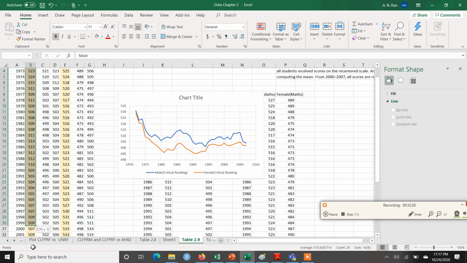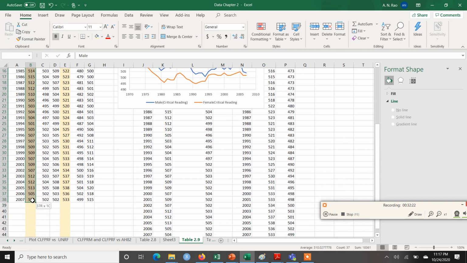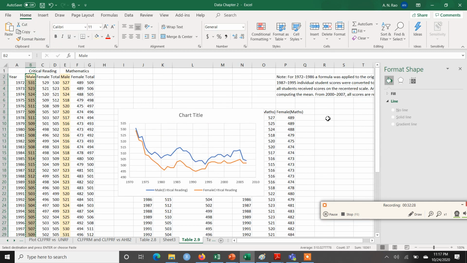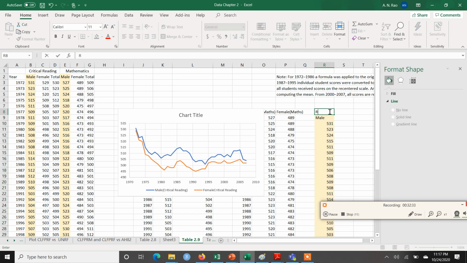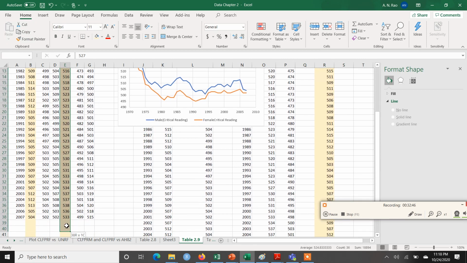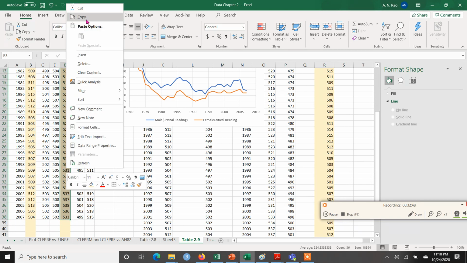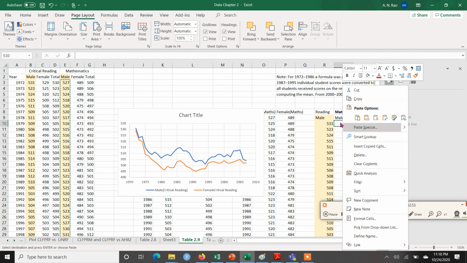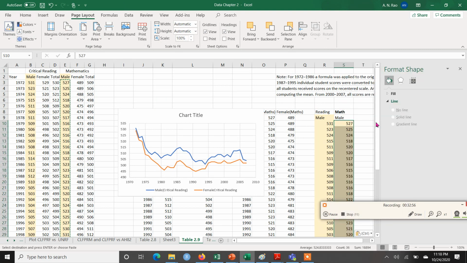Just a second, a little bit of delay, sorry for that. So I'm going to copy these values and paste here. So this is critical reading, I'll simply write reading, and now I will type math score for male, and I'll pick the math score for male data from here, copy these values and paste here. I'll simply use Control V.